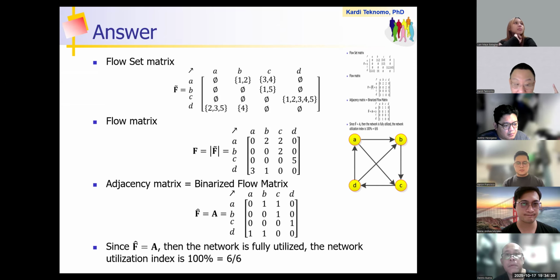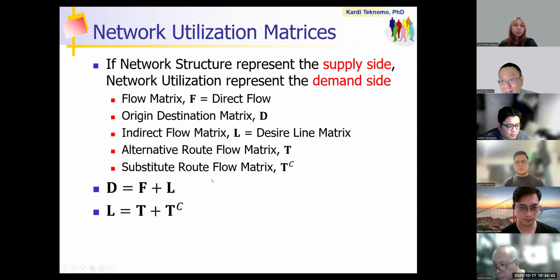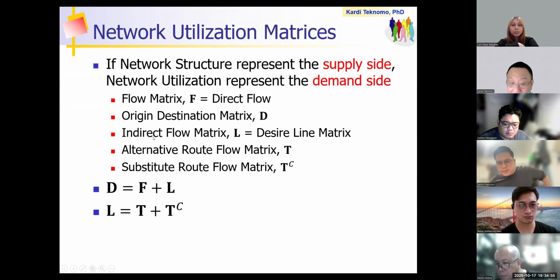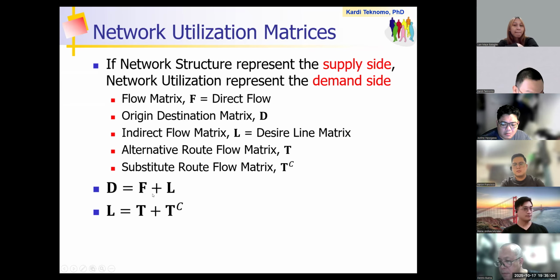Now, from there, you can also calculate the origin destination matrix. This is one of the important points. You can also calculate the indirect flow matrix, alternative flow, and substitute. I will discuss it one by one. But I want you to understand that now I can get D, the origin destination matrix, and F is the flow matrix.